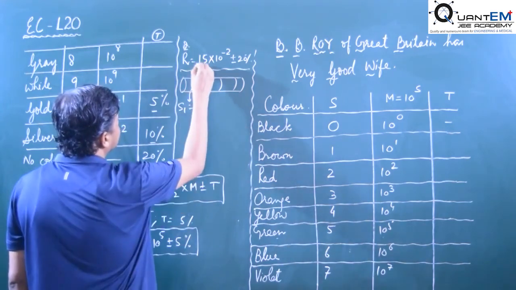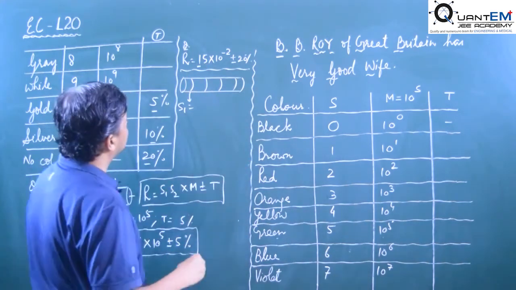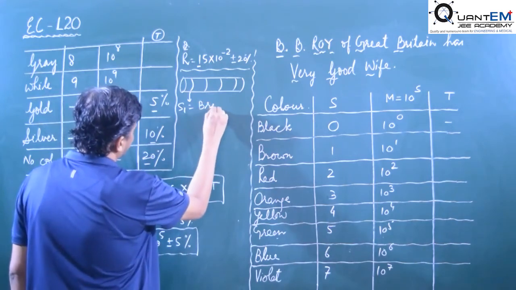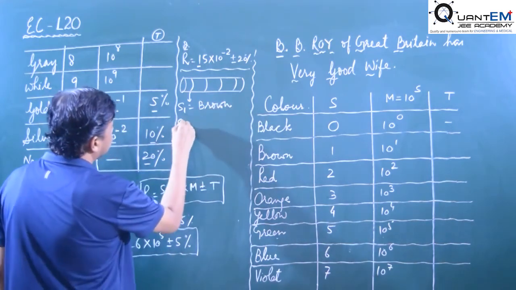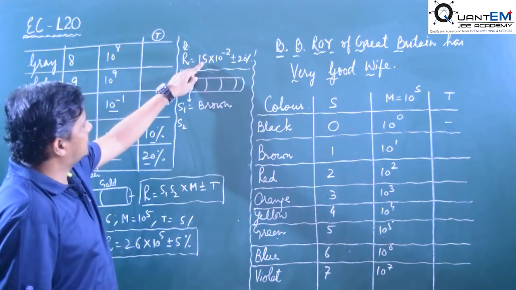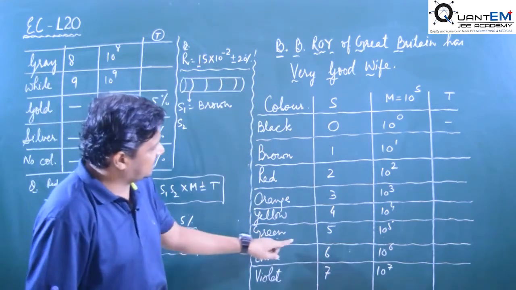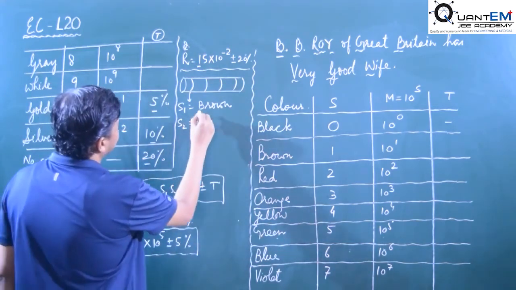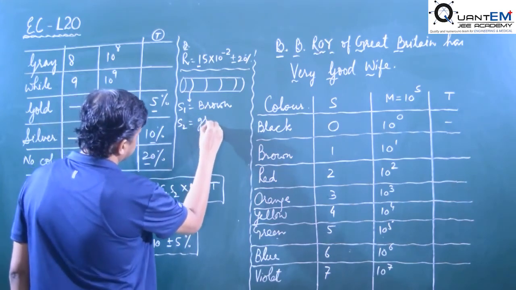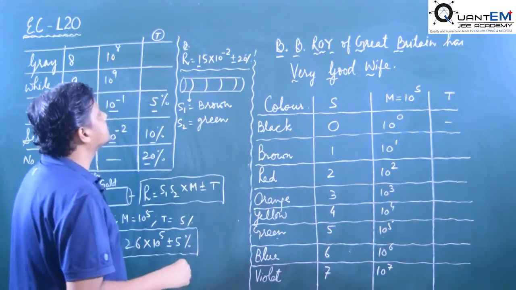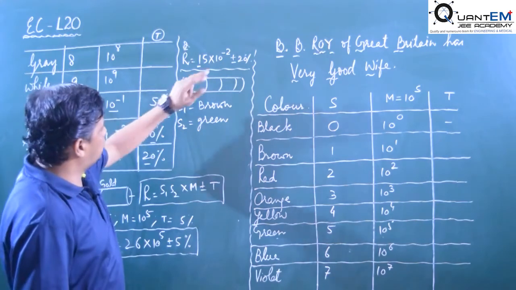S1 is 1, for brown. So first line is of brown color. Second, significant value 5 is for green. So second line is of what color? The green color.